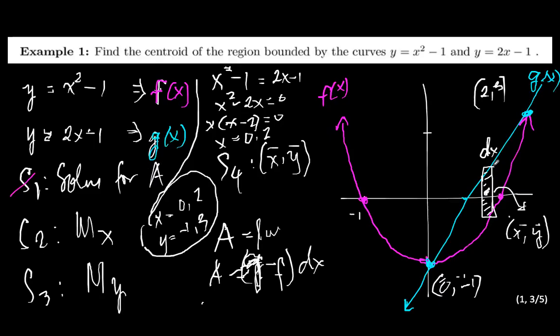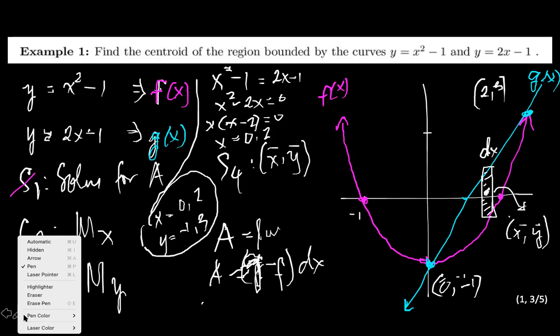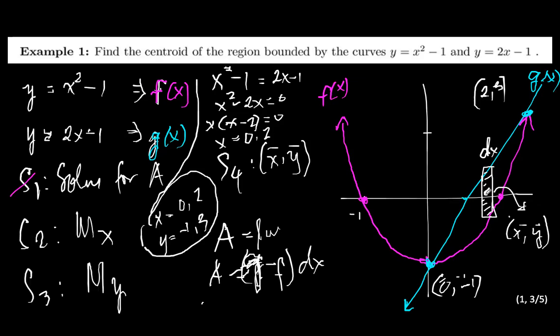Again, this is our rectangular representative, and this is our point. Let me use another color for the point. Let's use magenta here. This is our point, with respect to the x-axis.